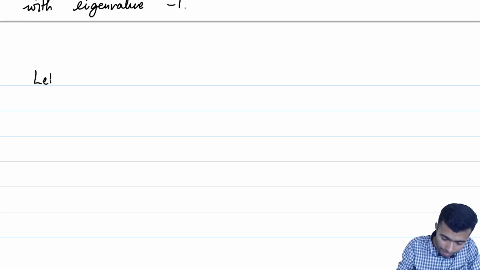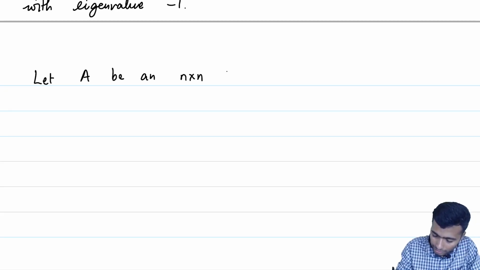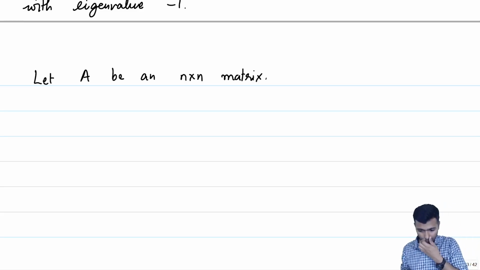So, let us start with an n cross n matrix. Let A be an n cross n matrix with real entries, of course.